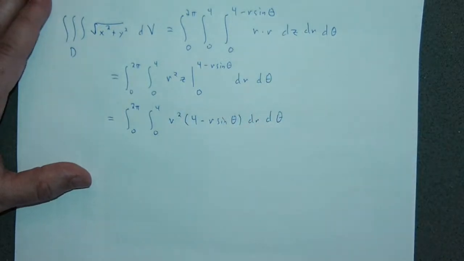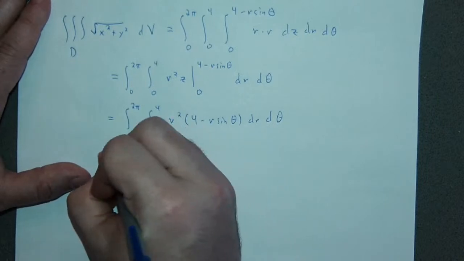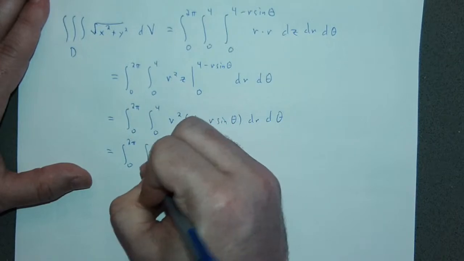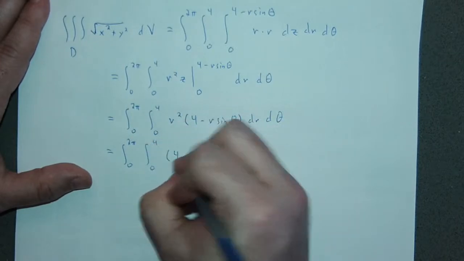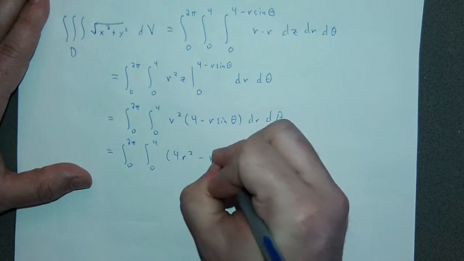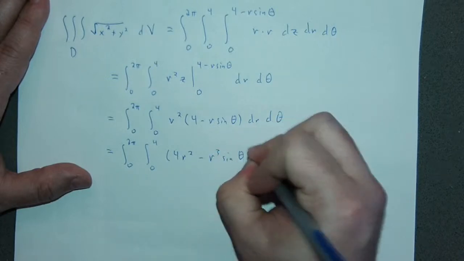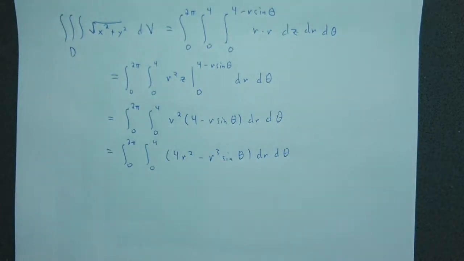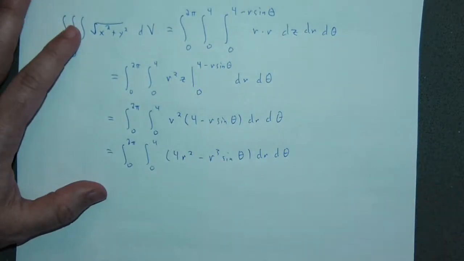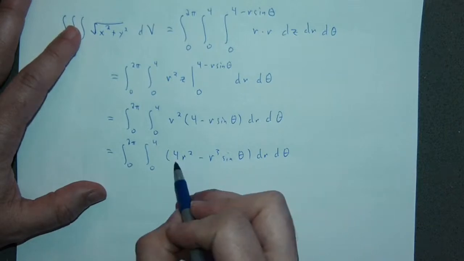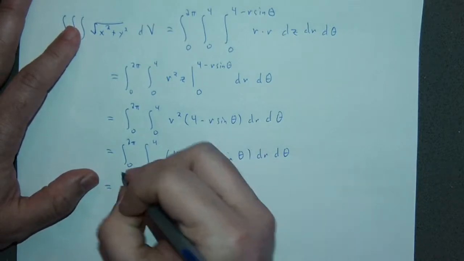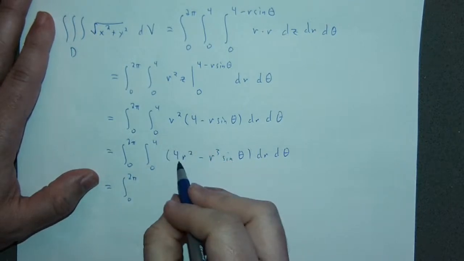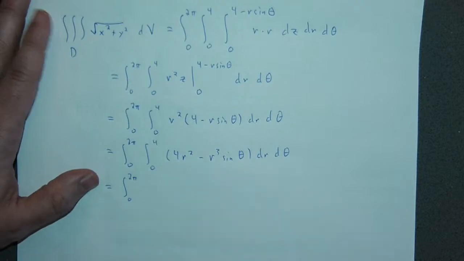I'm going to expand this and then do it term by term with respect to r. So this is the integral from 0 to 2 pi, the integral from 0 to 4 of 4r squared minus r cubed sine theta dr d theta. All I did was distribute this r squared. Integrating term by term, what's the integral of 4r squared?